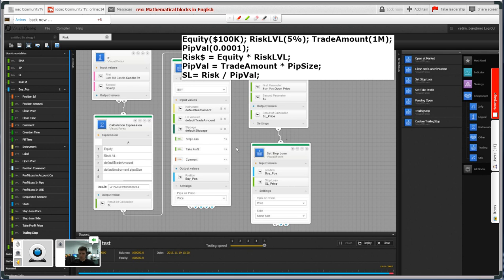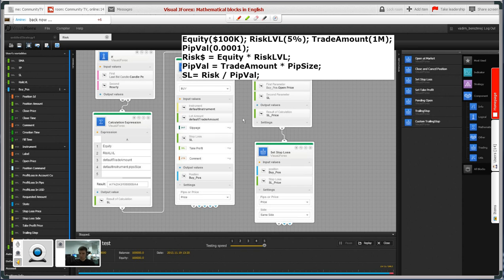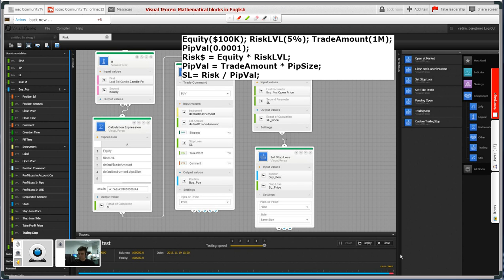If we will need it, trade amount, market price, stop loss. In this situation, we got 40 pips stop loss. It can be assigned to an integer because it's similar to an integer, but let's make it a little bit more complicated. We will test it.